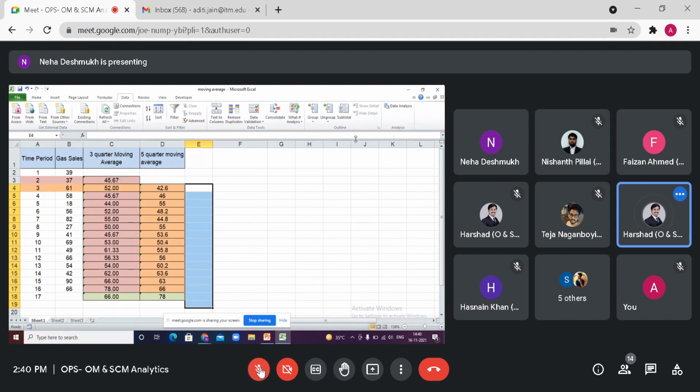You have to select the input range. Input range is the guess cells. Then interval is 3.